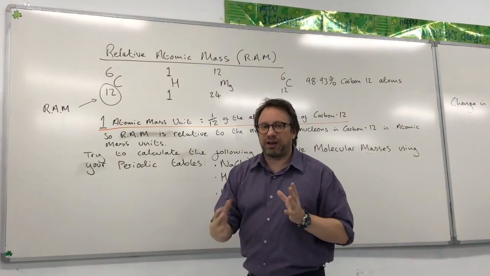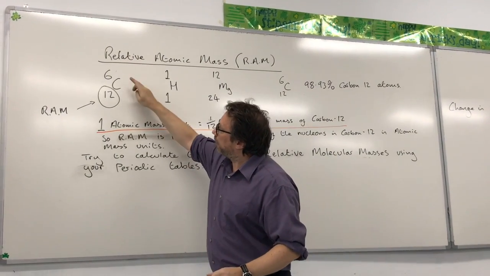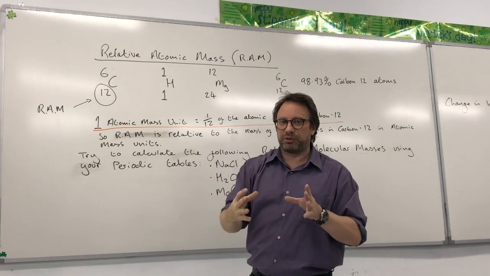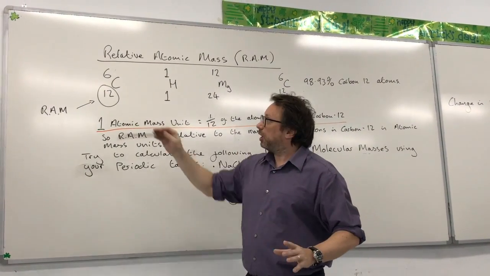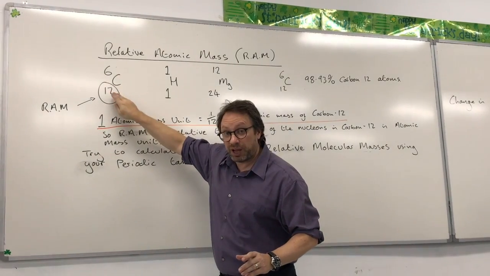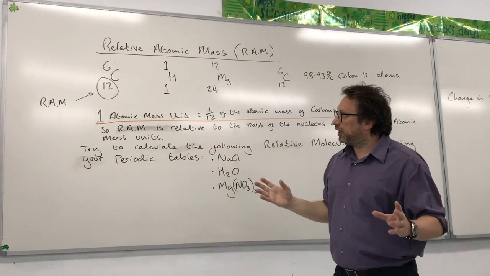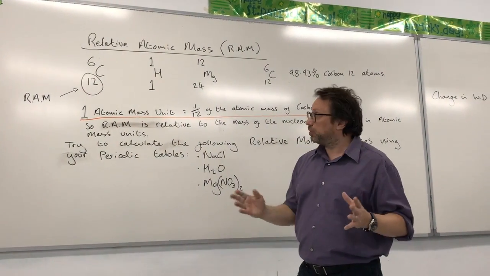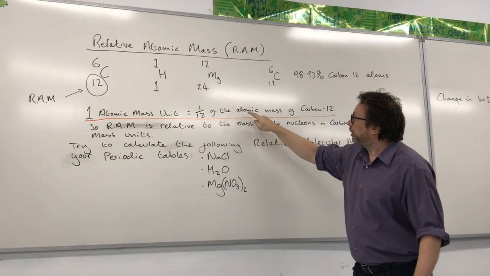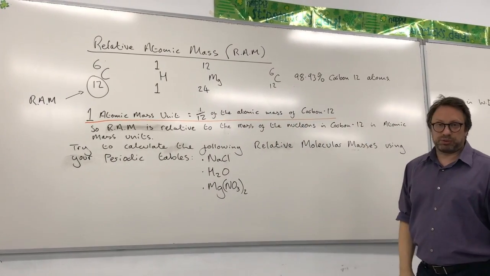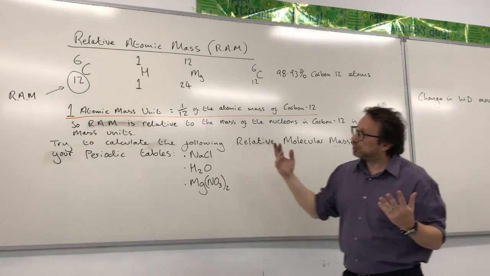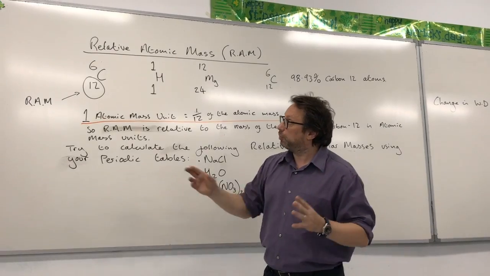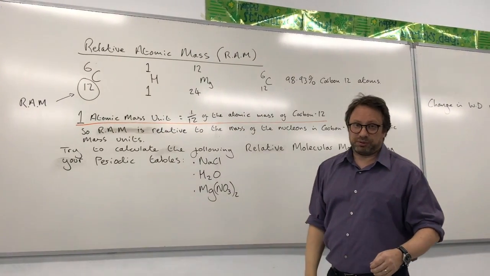If we decide, through our definition, that carbon has a relative atomic mass which is equal to its number of protons and neutrons, so we say 12, and we compare everything as being relative to that number, what we can then do is define one atomic mass unit. And one atomic mass unit will just be 1/12 of the atomic mass of carbon-12. So if carbon has 12 units, obviously one atomic mass unit will be equal to 1/12 of this value.